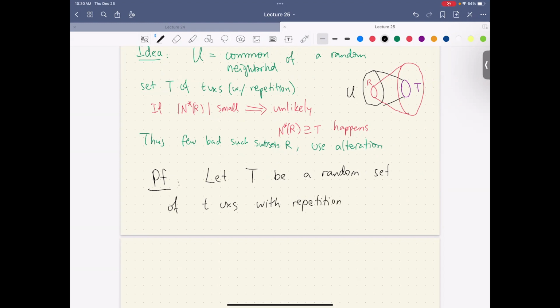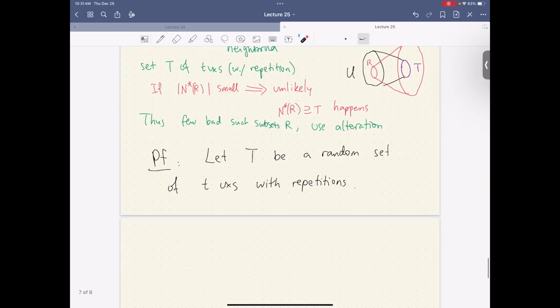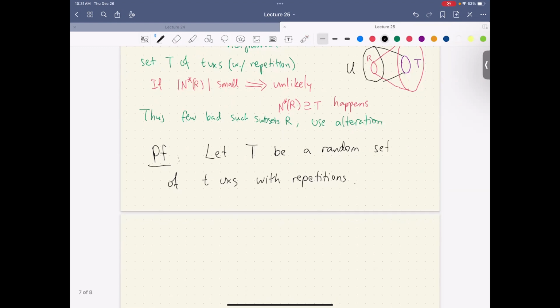What this means is that you first choose a random vertex with probability 1 over n among all vertices, uniformly random. Let it be the first vertex of T. For the second vertex of T, again, among all vertices, you choose with the same probability 1 over n. So maybe T is a multi-set. So we have t vertices.